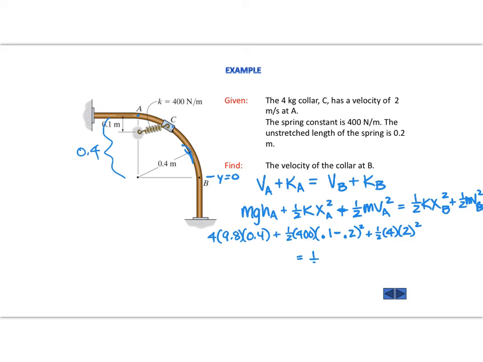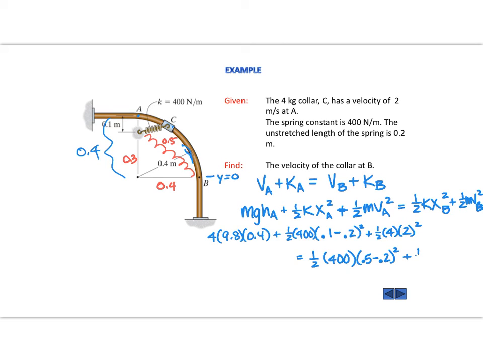Now, when I look at the elastic potential energy at B, I'm going to imagine the spring is like this, where it's part of a triangle, where this side is 0.4, this is 0.3, and so this side would be 0.5. It's like a 3, 4, 5 triangle, which means the total length of the spring is 0.5, but I have to subtract its natural length, which is 0.2.